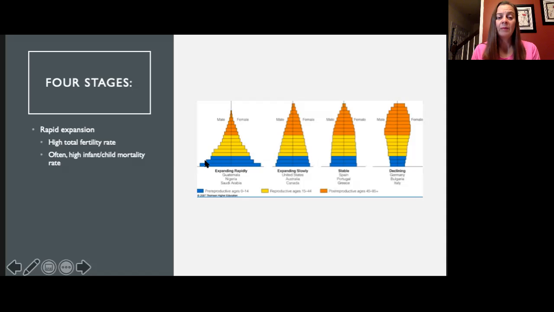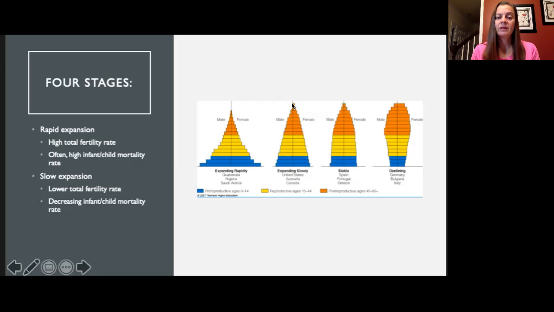So this is a rapidly growing society, but it is one that has a high death rate, both overall death rate and a high infant mortality rate. If we look at this next one, this is a country that is expanding slowly. It still has this typical pyramid shape, but it's a much narrower pyramid.